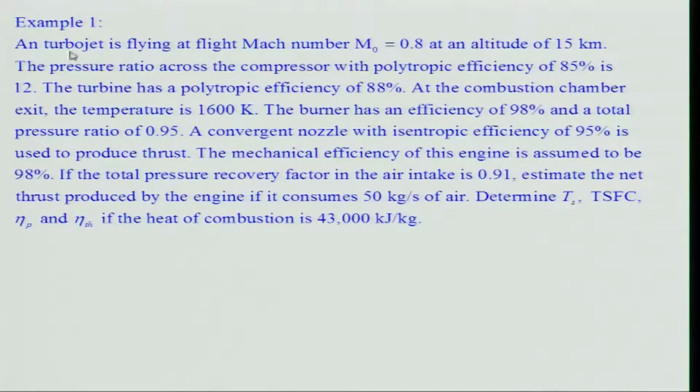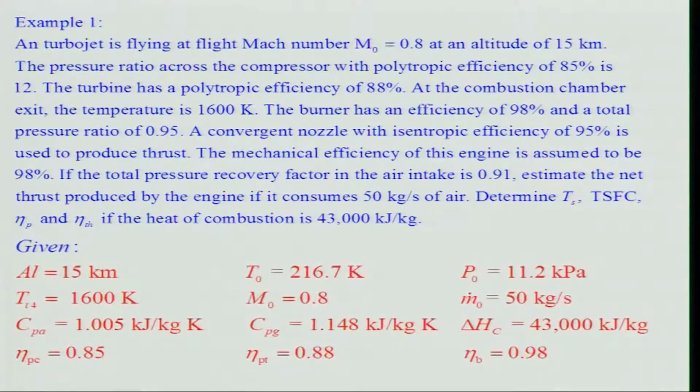So, we will now take an example of a turbojet engine flying at a flight Mach number of 0.8 and an altitude of 15 kilometers, with a compressor polytropic efficiency of 0.85 or 85%, and the pressure ratio is 12, and the turbine has a polytropic efficiency of 88%.